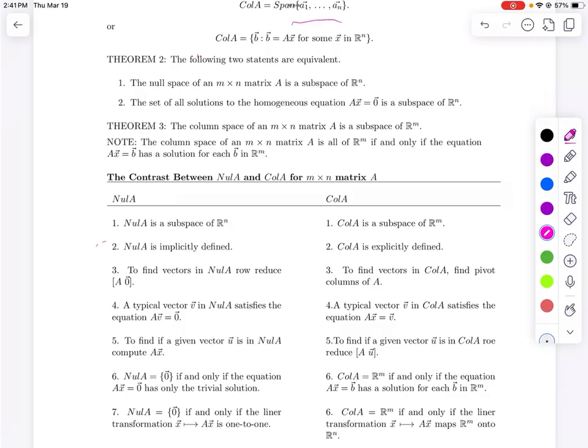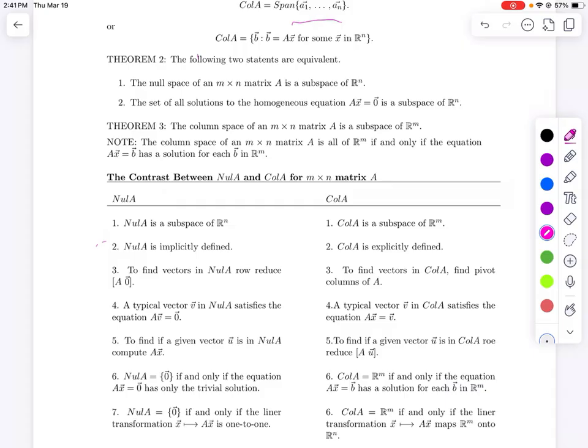Now what do we do to find the vectors which are in the column space of A, and find the vectors which will be in the null space of A? To find vectors in null A, row reduce A augmented with the zero vector.